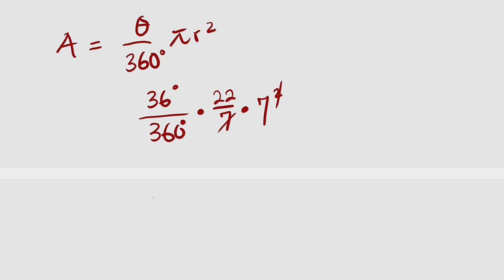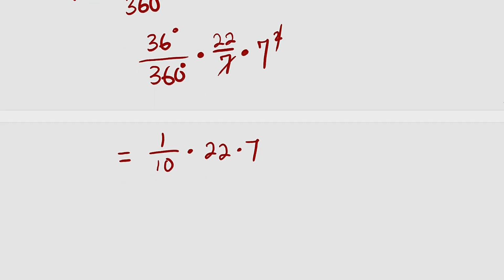We have 36 divided by 360 will give us 1 divided by 10. Then multiply by 22, because 7 is gone, multiply by the other 7. All we have is 22 times 7, which is 154, divided by 10, that will give us 15.4.